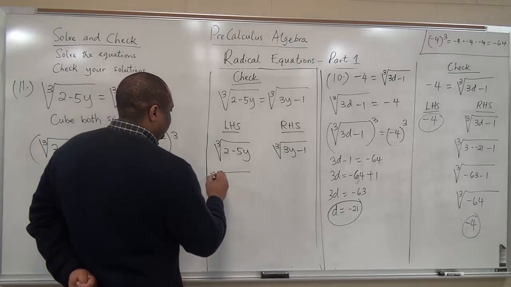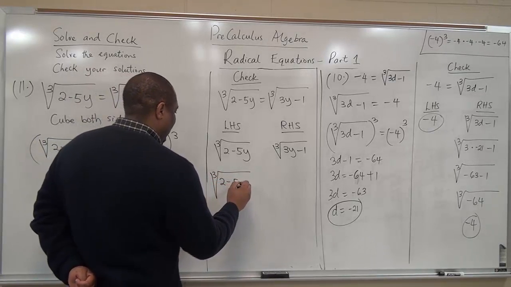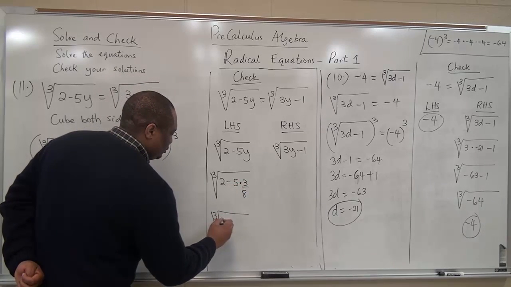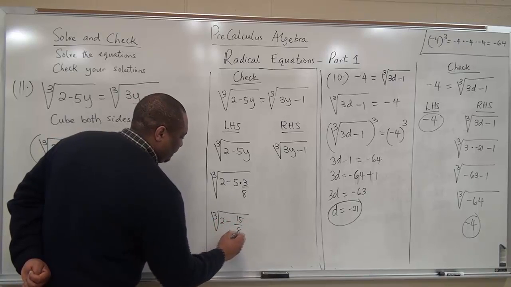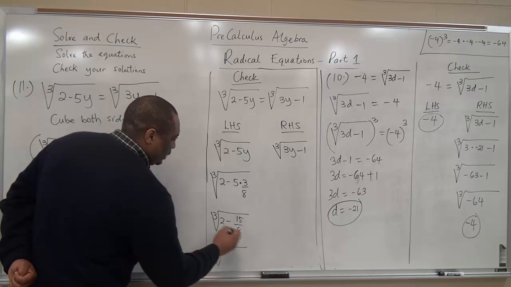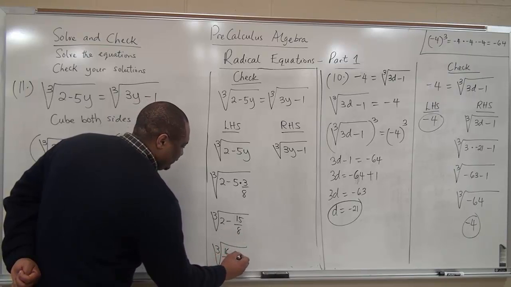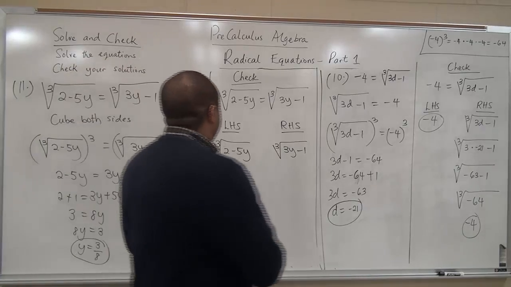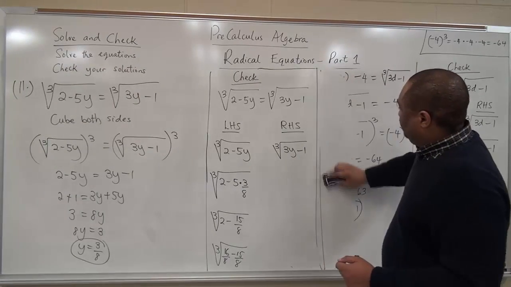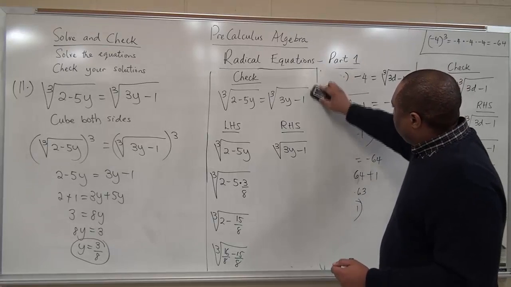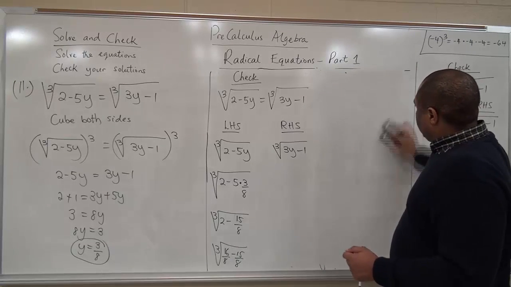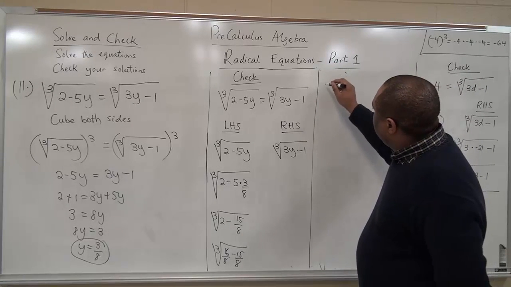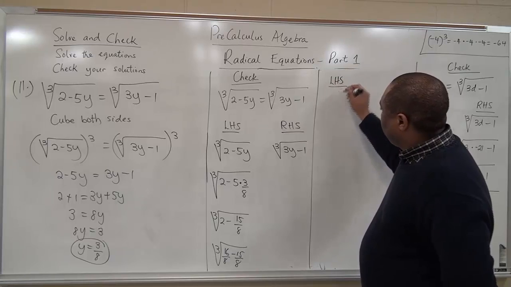This will be cube root 2 minus 5 times 3 over 8, which is cube root 2 minus 15 over 8, which is cube root 16 over 8 minus 15 over 8. Okay, let's finish this. We are still on the left hand side.